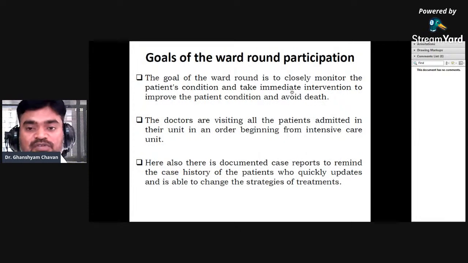So immediate interventions means we should immediately take actions to keep patients in good healthy conditions, to make them healthy, to bring the patients out of critical conditions, or from the disease conditions, or any conditions where the patients are not feeling good.